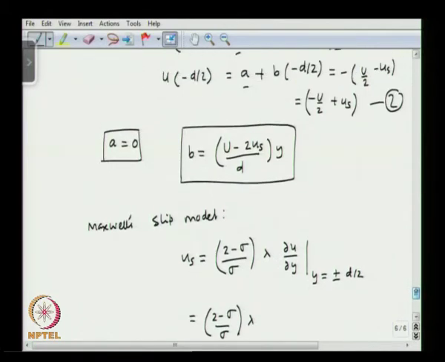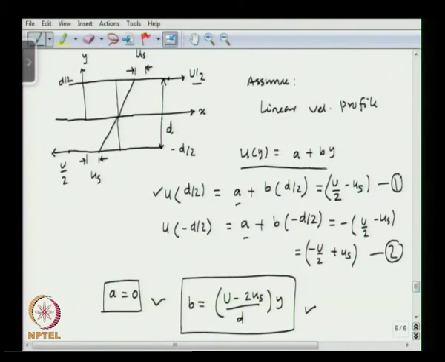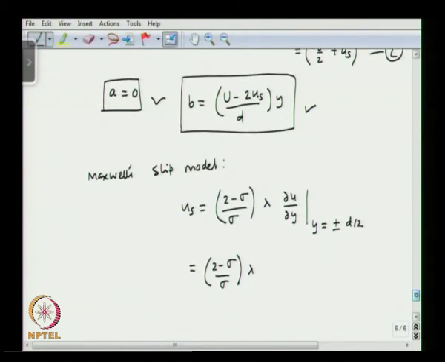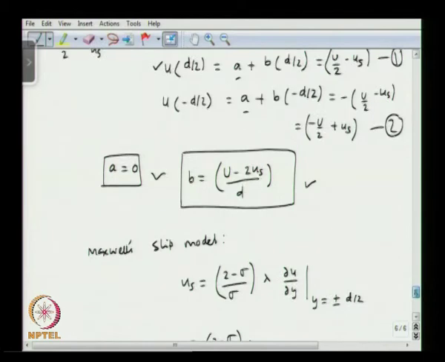Now, from this equation, you know A and B. So, if you substitute in that equation, you have an expression for the velocity profile, which is basically B into y, because A is 0. So B is going to be this.